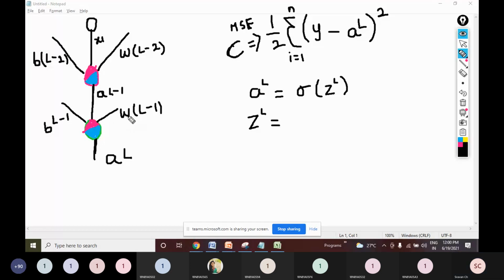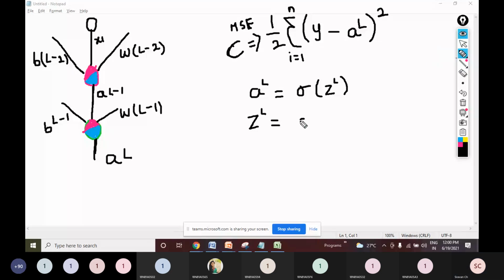It is sigma of Wi xi plus bias, a normal linear function formula. So sigma of Wi xi plus bias is the formula for Z of L, which represents the pink part.